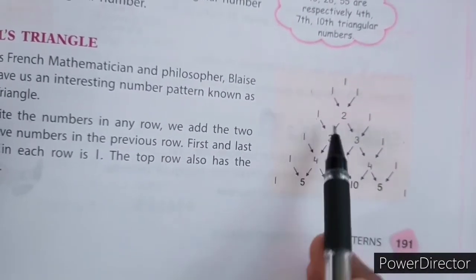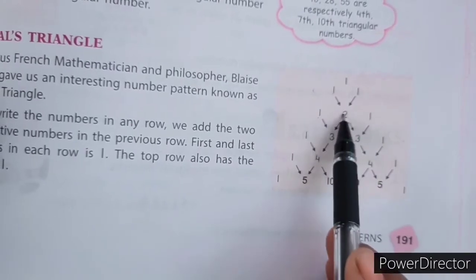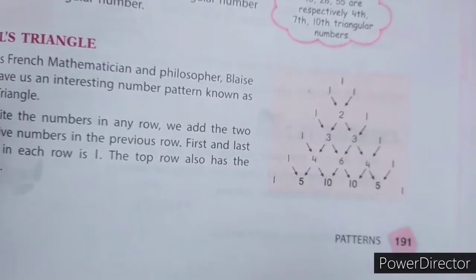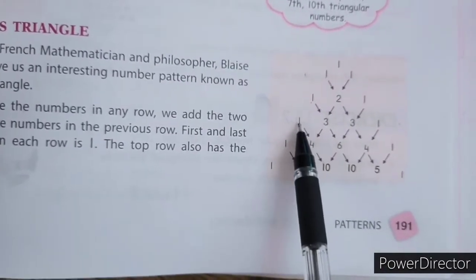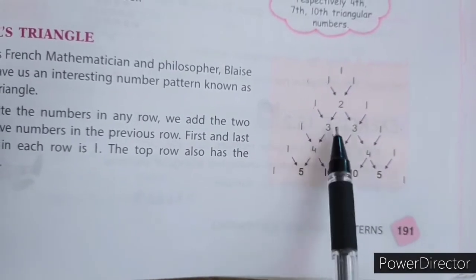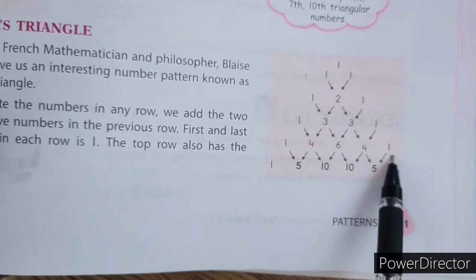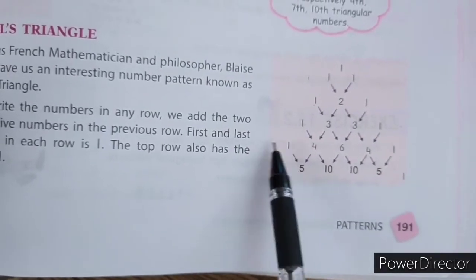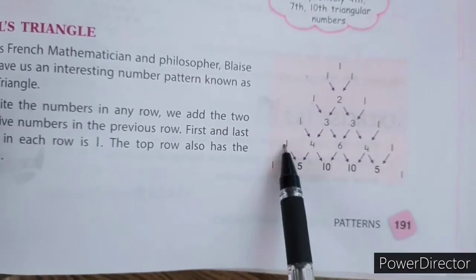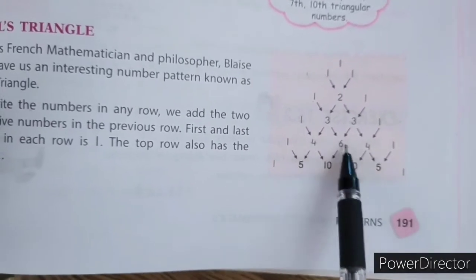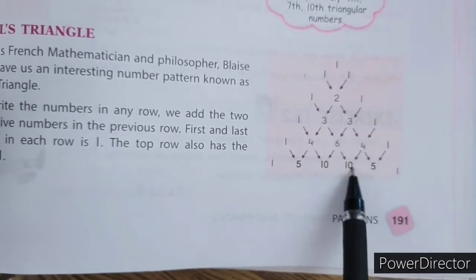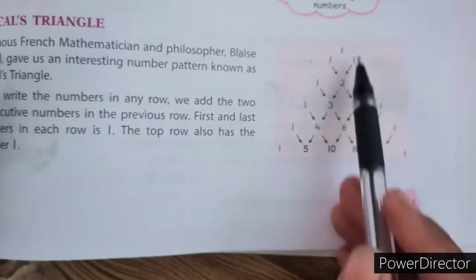1, nothing is there, so 1. 1 plus 2, 3. 2 plus 1, 3, and 1 comes as it is. Now the next step, nothing, so 1 comes as it is. 3 plus 1, 4. 3 plus 3, 6. 3 plus 1, 4, and 1 comes down. Here 1 plus nothing, 1 comes as it is. 1 plus 4, 5 comes here. 4 plus 6, 10. 6 plus 4, 10. 4 plus 1, 5, and 1 comes down.